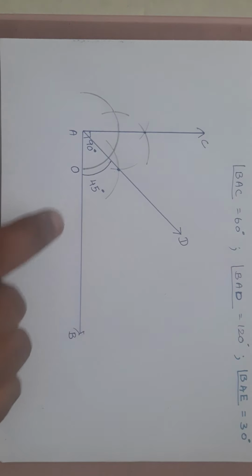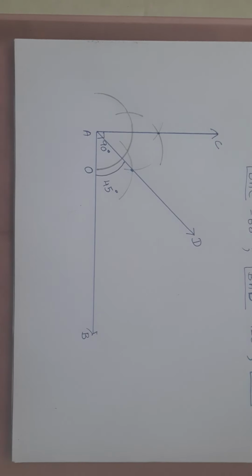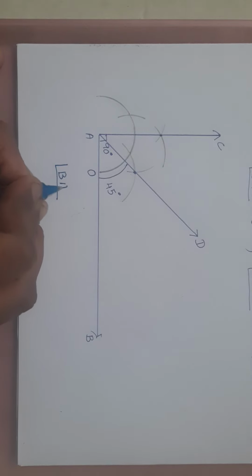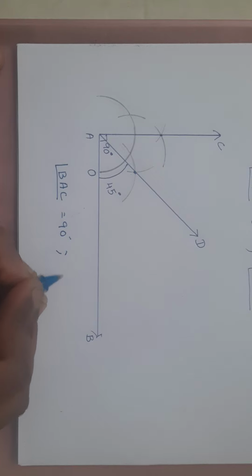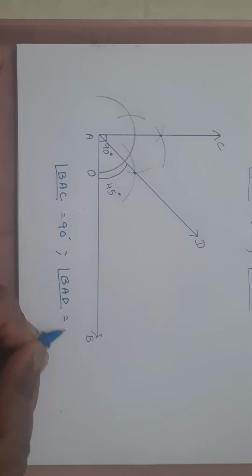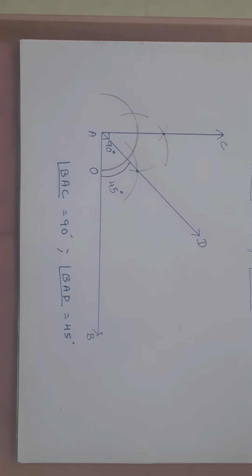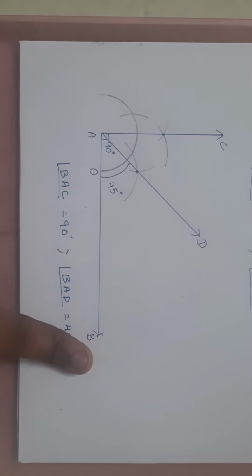Now find out 90 degree and 45 degree. So BAC is 90 degree, BAD is 45 degree. Okay, same. Draw an arc, draw a ray.